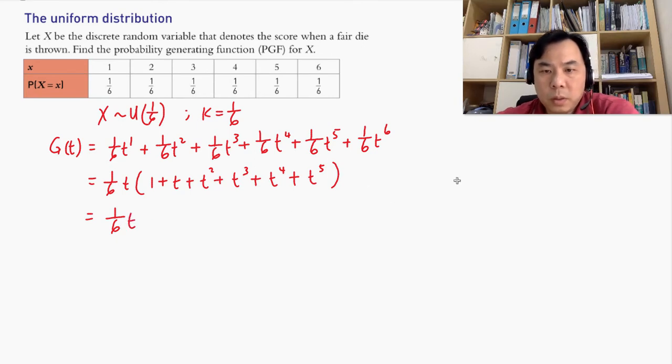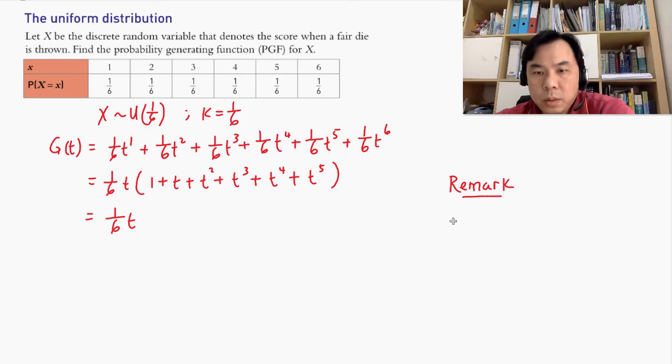Okay, now maybe as a remark, I'm going to write down the formula for the summation of geometric series. Now that is given by Sn equal to A(1 minus R^n) divided by 1 minus R, where R is the common ratio.